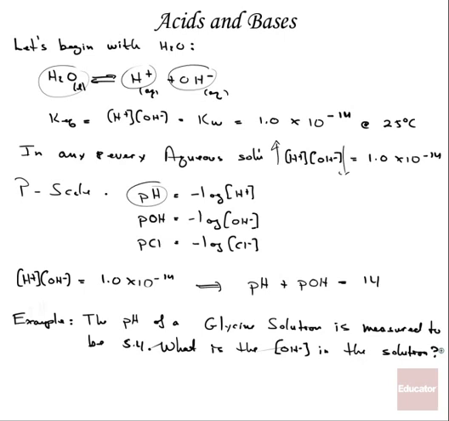Well, nice and easy. We just use this right here. That's our basic relation. So, okay, the pH. If the pH of our solution is equal to 5.4, well, that implies that 5.4 equals negative log of the hydrogen ion concentration.